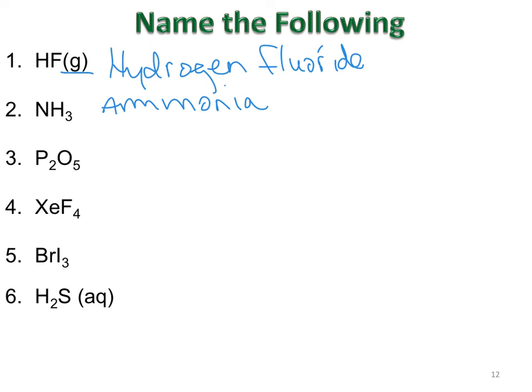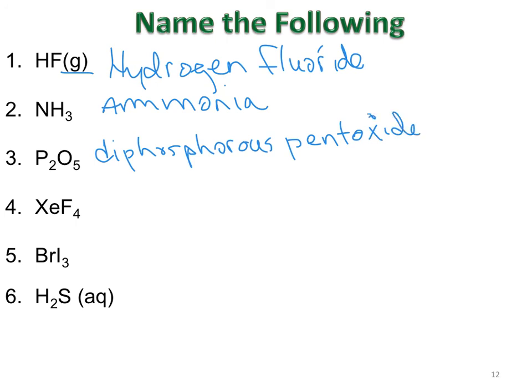P2O5, the phosphorus has 2, so it's diphosphorus and pentoxide. Remember that we lose the A from the penta when we have 5 oxygens.